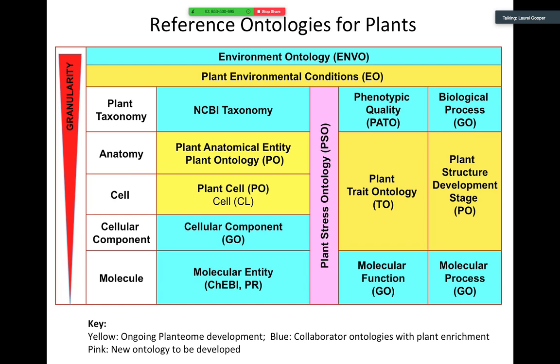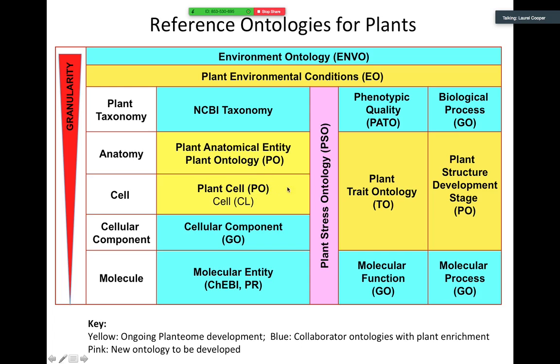So this is another graphic showing the Planteome suite of reference ontologies that we have, and this shows another way to show you the range of granularity, ranging from terms describing the environment that the plant lives in, down to individual molecules. And each of these is a different ontology. The yellow ones are ones that we develop here in-house for the Planteome project.